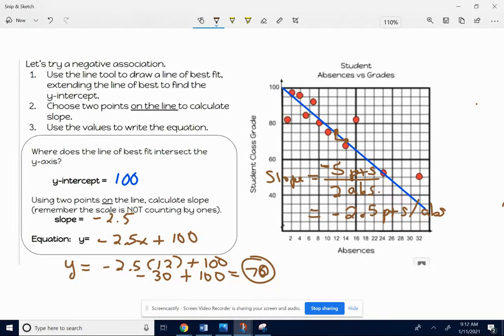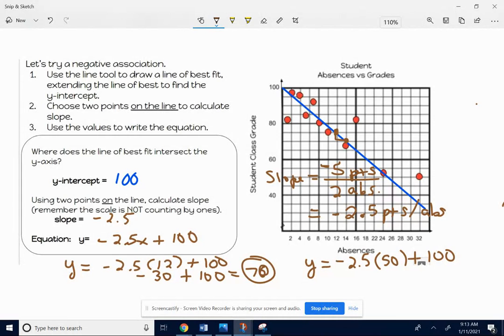For 50 absences, notice we really have no choice to use the picture of the line because it's off the graph. Our only choice is really to use the equation. I think you can kind of see what's going to happen here. If we put 50 in for x, we have negative 2.5 times 50.